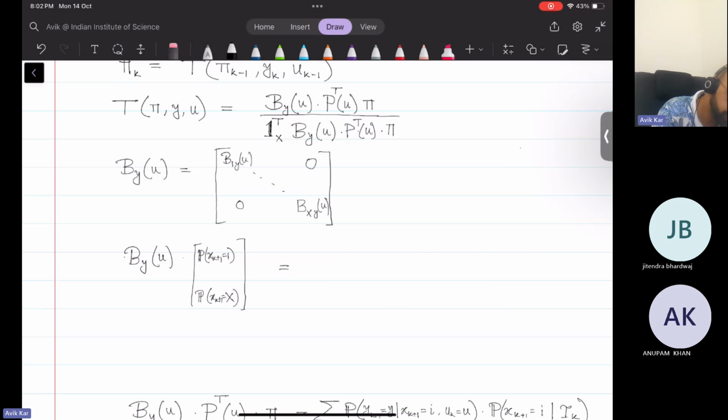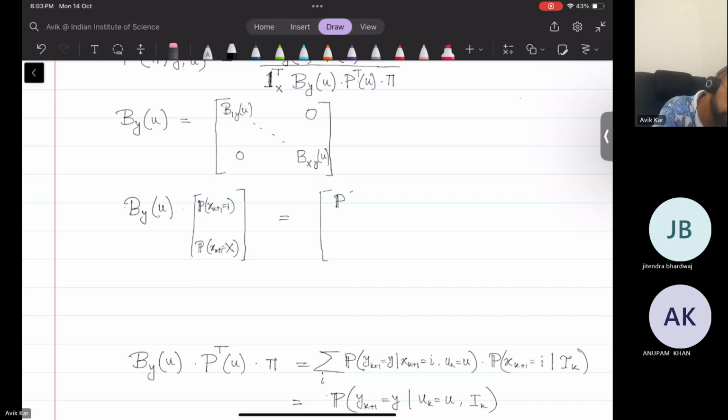So this will give us a vector, which will be basically the probability that Y_{k+1} equals Y given X_{k+1} equals 1, and so on.